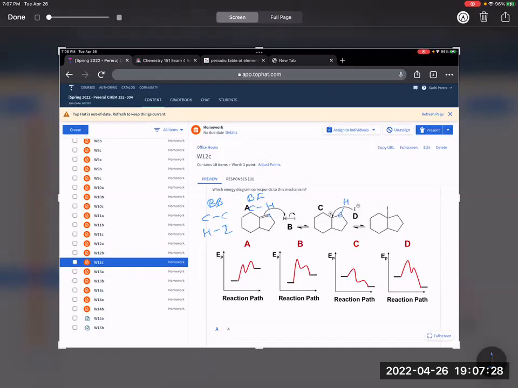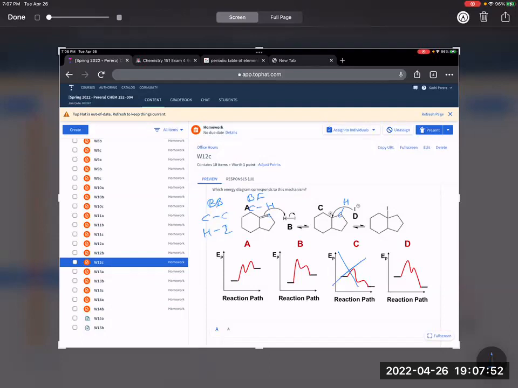Because we are breaking two bonds and forming only one bond, this first step has to be an endothermic step, because we need to spend more energy to break the bonds than the energy released when this only bond is formed. As a result, we can eliminate option C because the first step has to be endothermic.